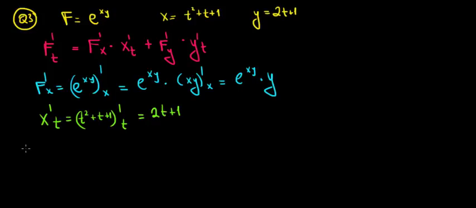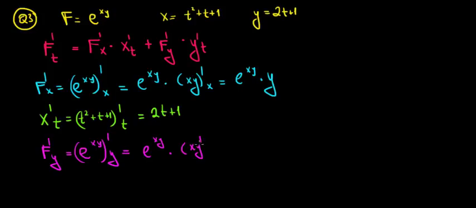What is the derivative of f with respect to y? F derivative with respect to y. Well, e to the power of xy derivative with respect to y. That's e to the power of xy times the derivative of xy with respect to y. So that's e to the power of xy times x.